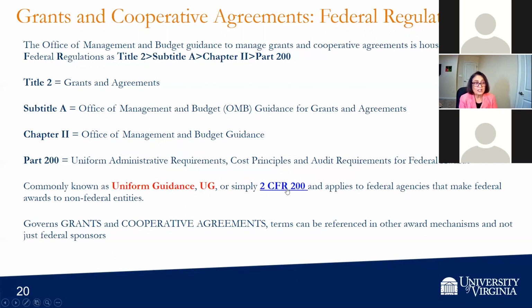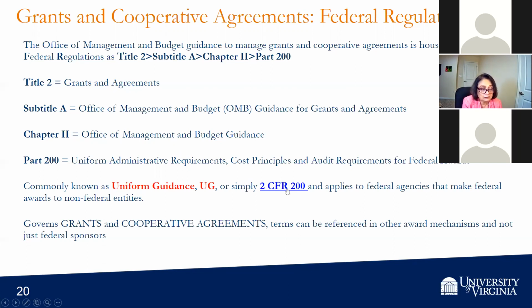These guidelines are codified in Title II, Subtitle A, Chapter 2, and Part 200. So when we say 2 CFR 200, that's where these are prescribed within the Code of Federal Regulations.